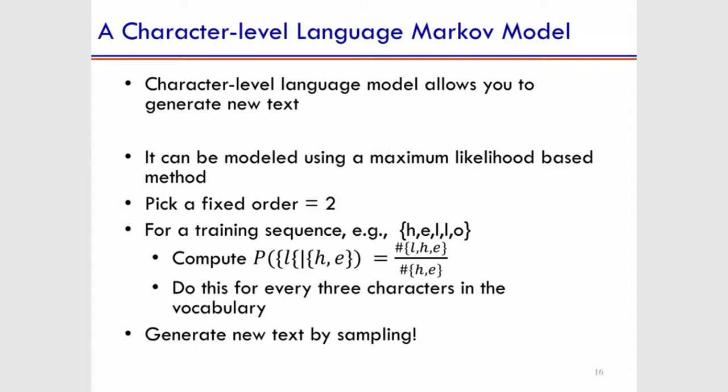The second task is building a language model. So what is a language model? It's a model of what word, character, or sentence comes next given the previous sentences. It's the likelihood of the next word coming up. It's useful, for example, in predictive text on your phones, suggesting the next word.